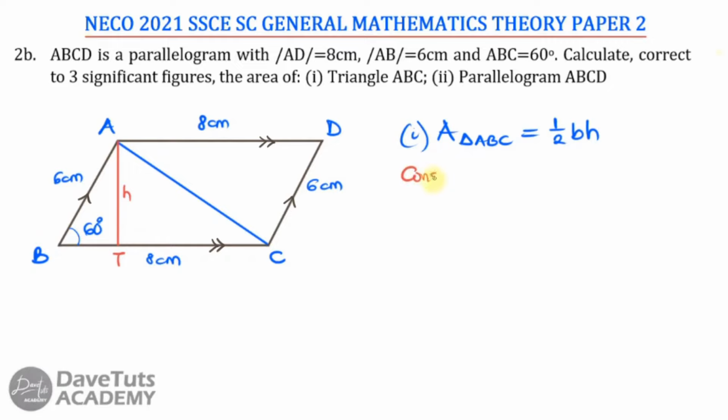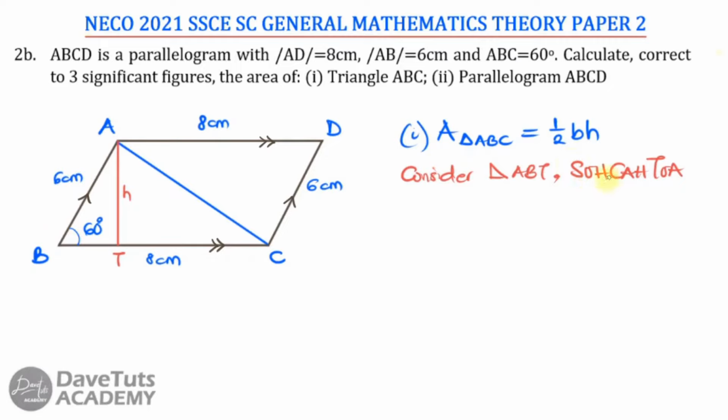So consider that triangle ABT is a right angle triangle, and we want to use SOHCAHTOA. We can see readily that this is the opposite and this is the hypotenuse. What is the relationship between opposite and hypotenuse? That is sine.